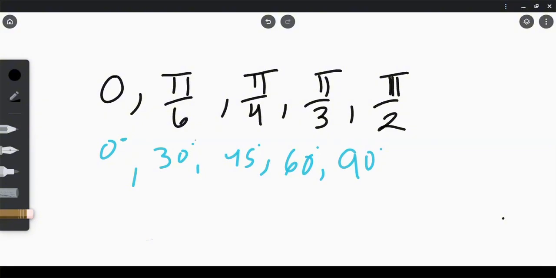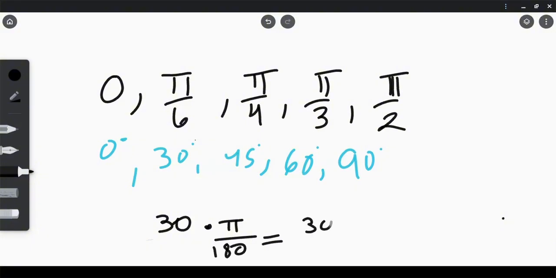And what if you have degrees? If you have degrees, it's the other way around. You have 30, so you multiply this by pi over 180. And this is equal to 30 pi over 180. You just have to simplify this, which will be 1 over 6 pi, that's just pi over 6.